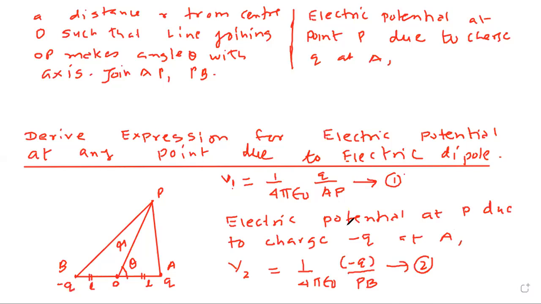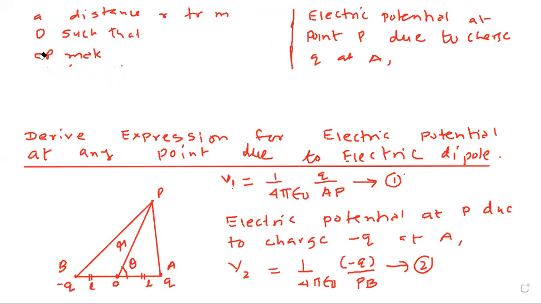So due to charge plus Q, we got the answer 1 upon 4 pi epsilon naught Q by AP. Due to charge minus Q, we got potential as 1 upon 4 pi epsilon naught minus Q upon PB.